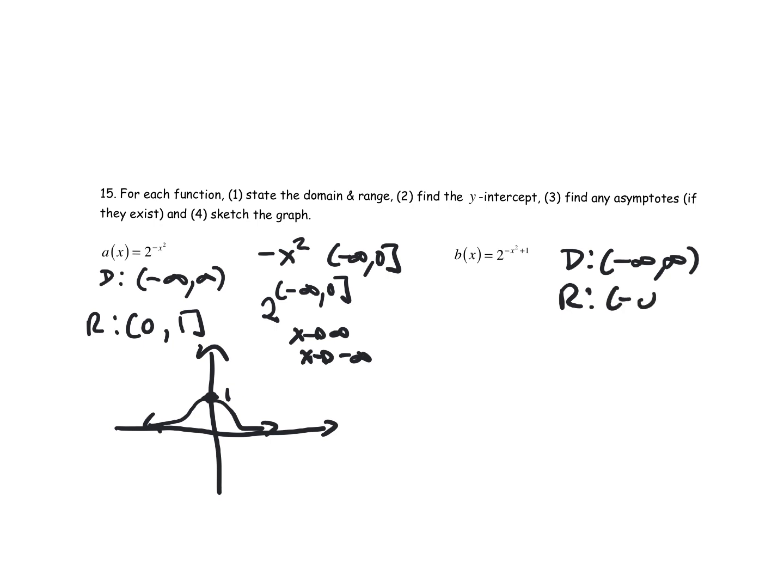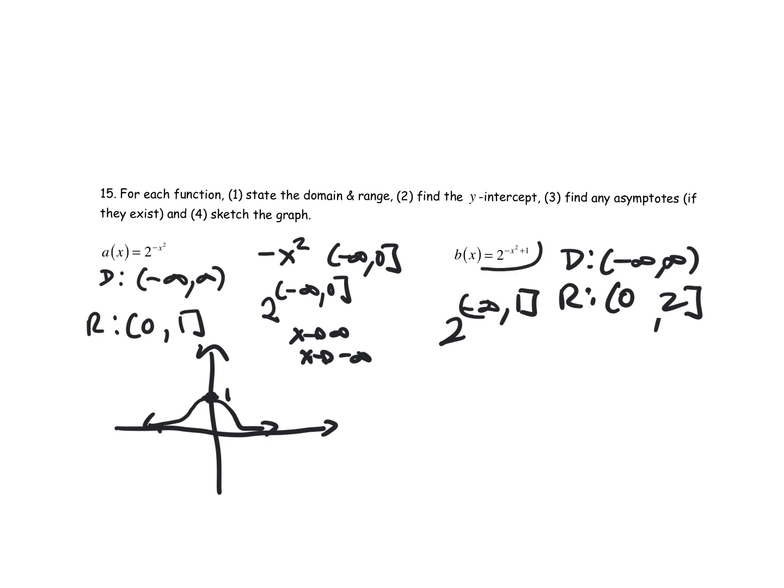So negative infinity to 1 would be the range of the exponent. And so then doing this analysis, 2 to the negative infinity is really close to 0, and then 2 to the 1 is 2.